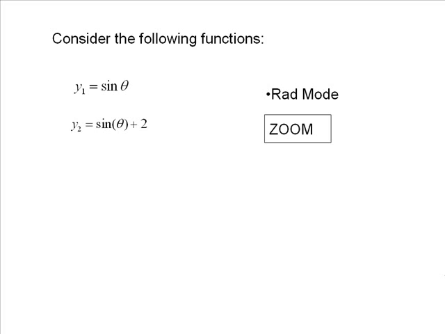And also, to set our window for the normal trig graph, we simply go zoom and then down to zoom 7, which is zoom trig. That'll standardize our window setting from basically 2 pi to the left, 2 pi to the right.